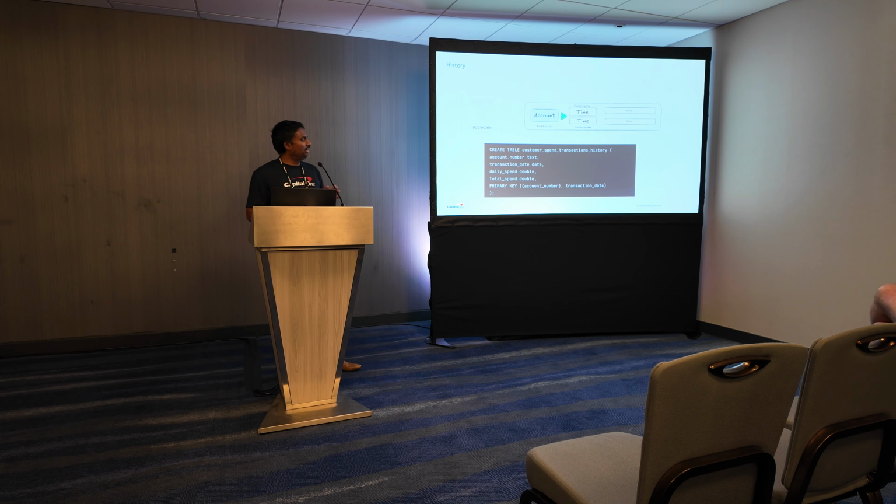We need the information of a particular account spanning over a period of time. So we keep the partition key as account number, but there is also a date component included in it. That way, we can fetch all the information we need over a period of time. This is what we are calling history.